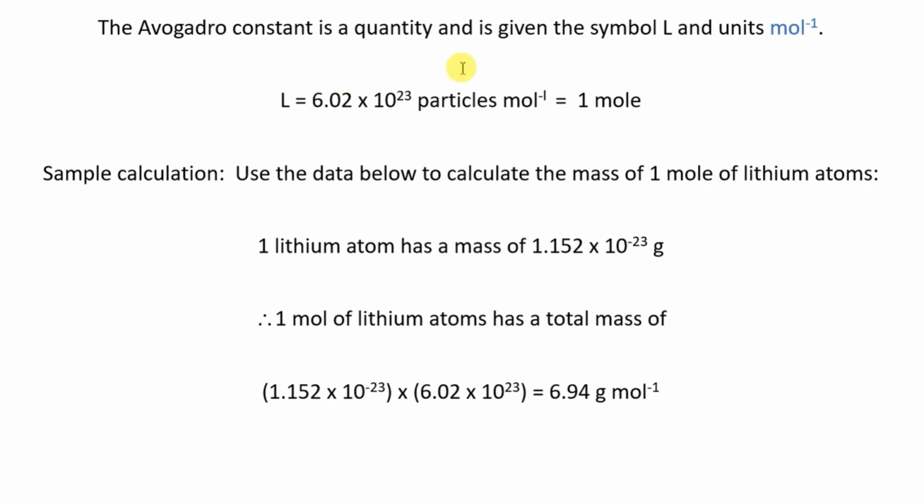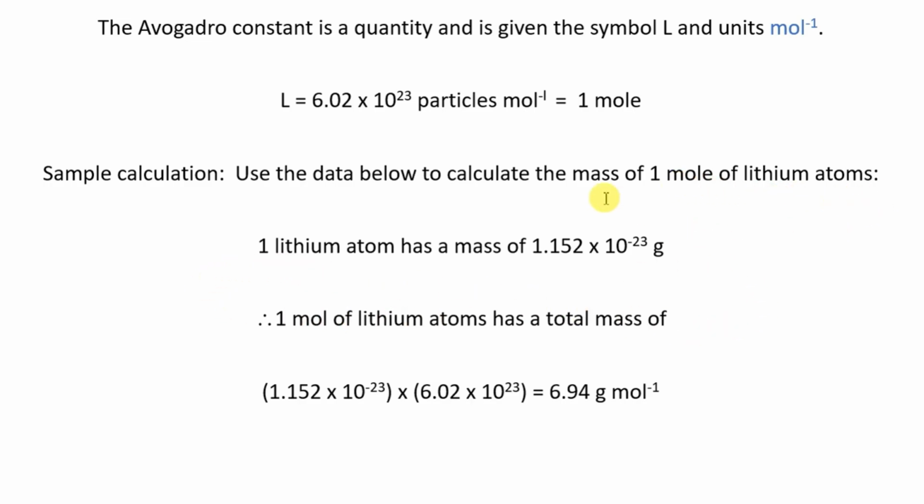The Avogadro constant is a quantity, and is given the symbol L. Units per mole. Moles to the -1. So, L is 6.02 times 10 to the 23 particles per mole. Simple calculation, it says sample, but it is simple. Use the data below to calculate the mass of 1 mole of lithium atoms.